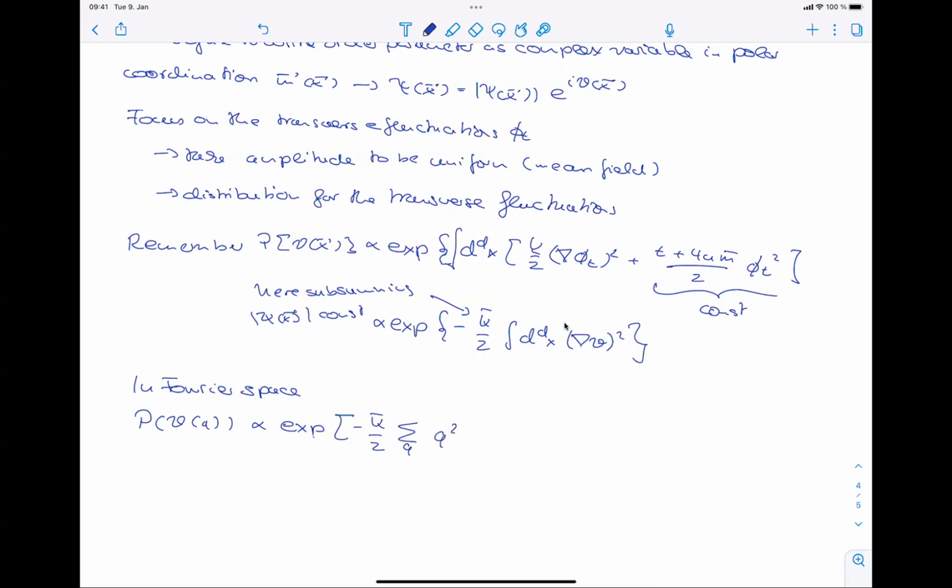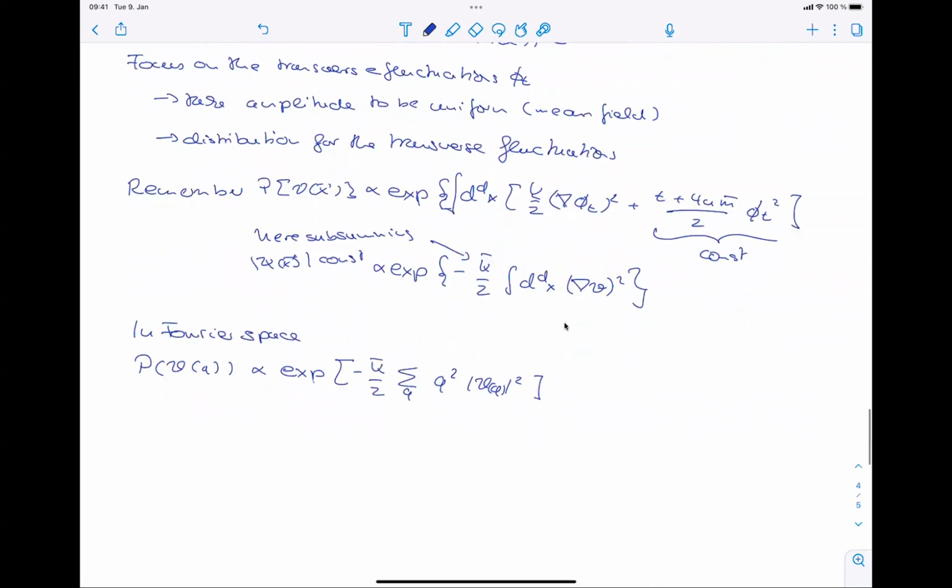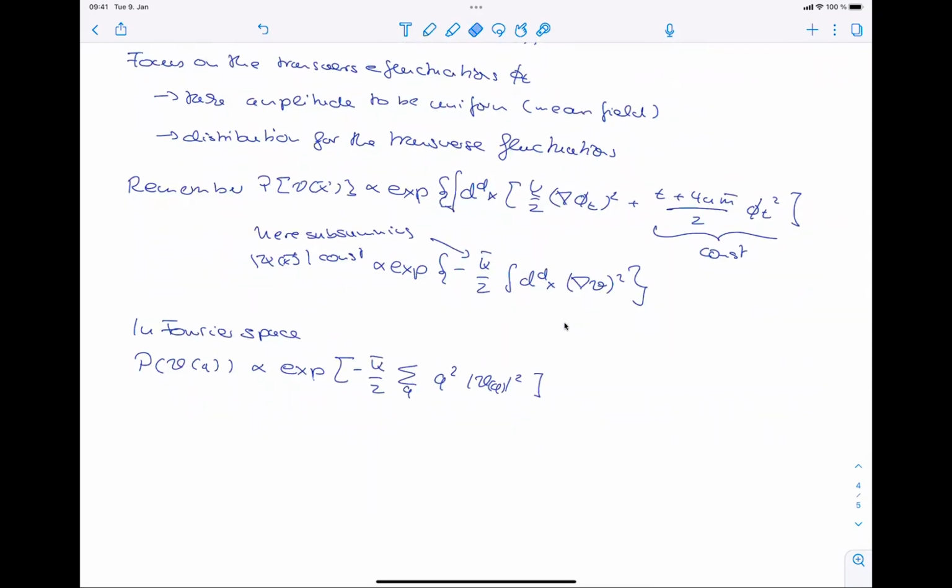Because of the derivative, we get a q squared and we get a theta q times its complex conjugate, the product of the theta and its complex conjugate, which is nothing else than theta q times theta minus q, which is just the same as looking at the real part squared plus the imaginary part squared.